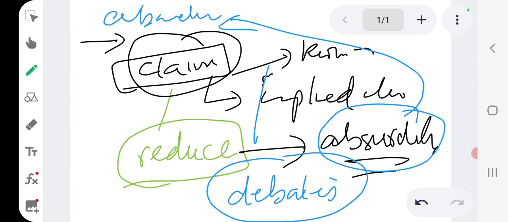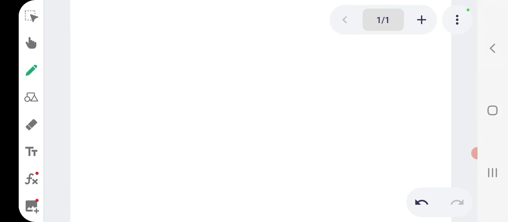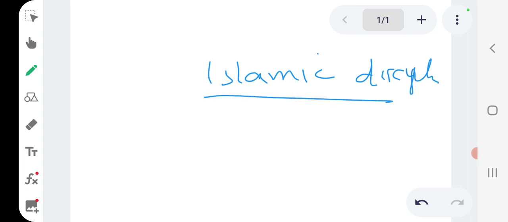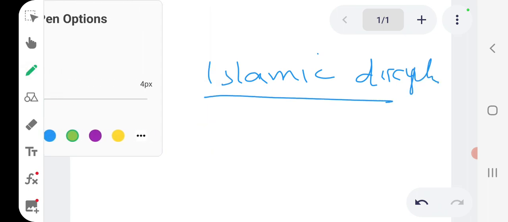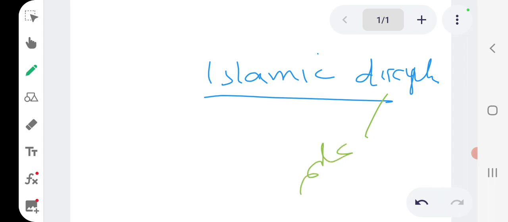And it is widely used in Islamic disciplines. For example, there are two disciplines which widely use it. One is called Ilm al-Jadal. Jadal just means debate.